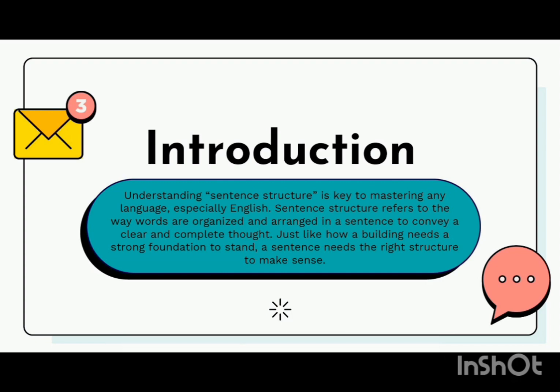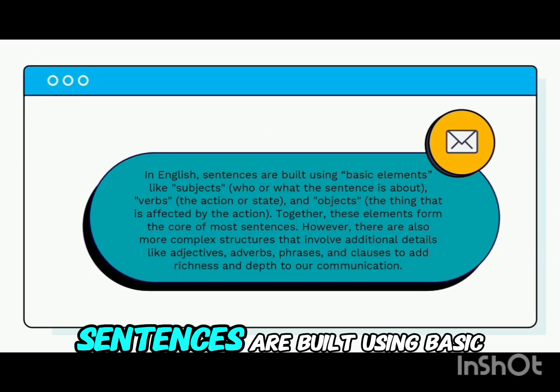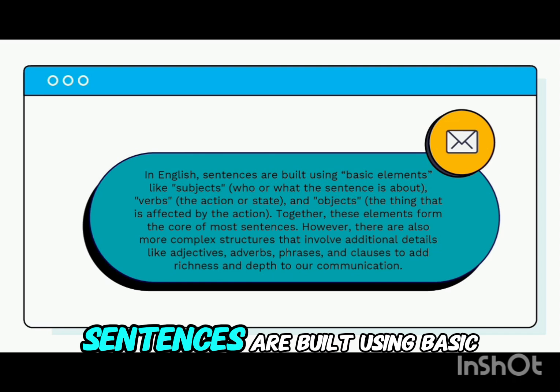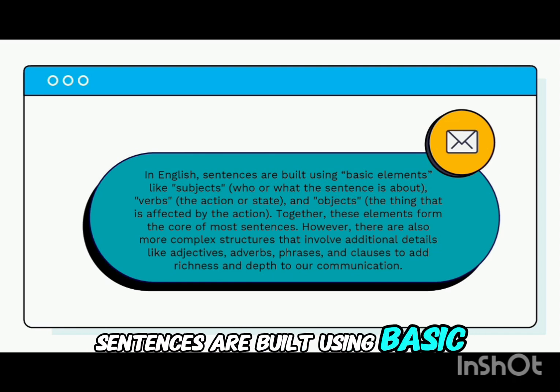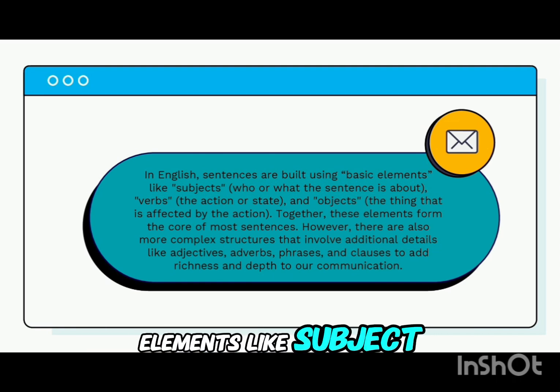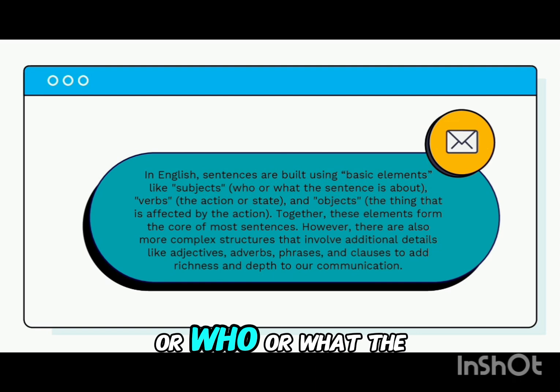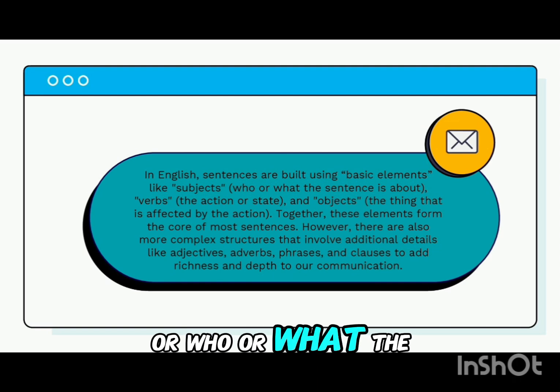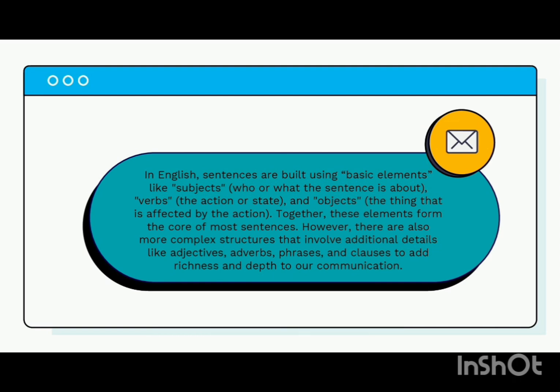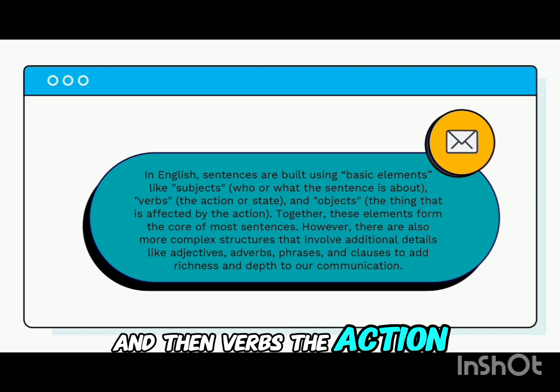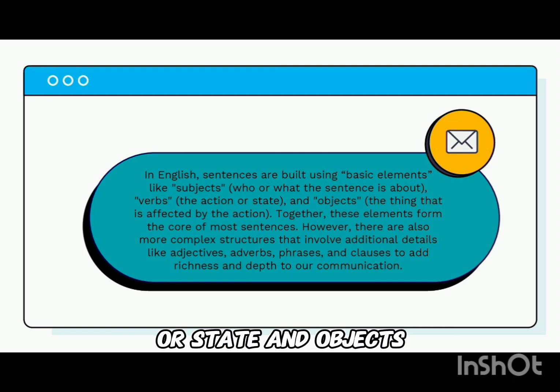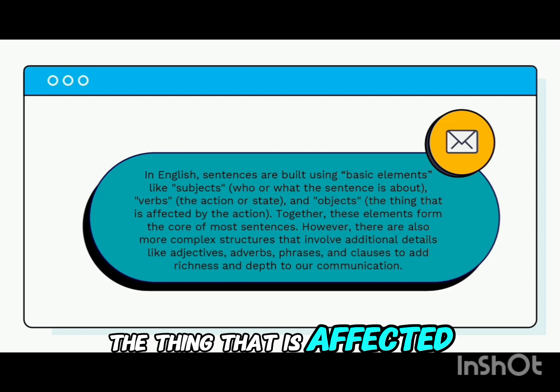make sense. In English, sentences are built using basic elements like subject, or who or what the sentence is about, and then verbs, the action or state, and objects, the thing that is affected by the action.